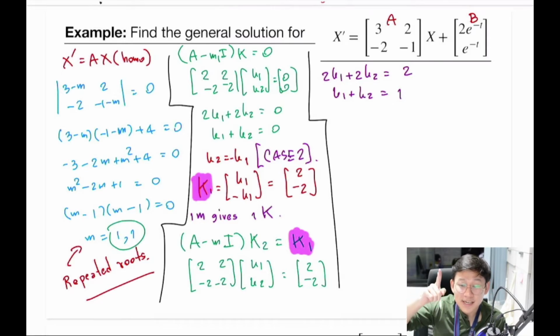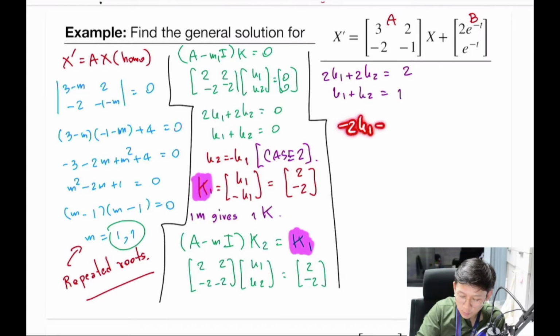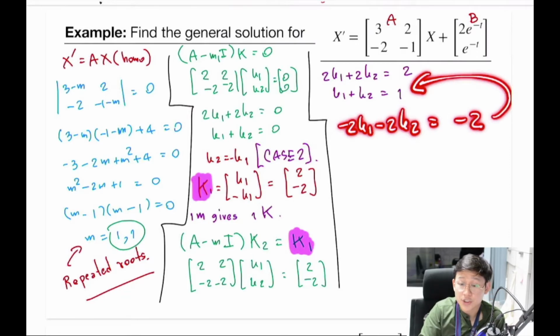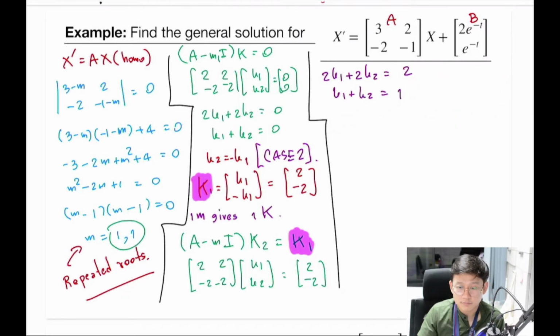But if you pick k1 as 1, you will get k1 plus k2 is 1 half, right? So I want all to be integers. That's why I picked k1 as 2 at the beginning. The other equation would be minus 2k1 minus 2k2 is minus 2, but it's actually the same equation as that, so I don't care.